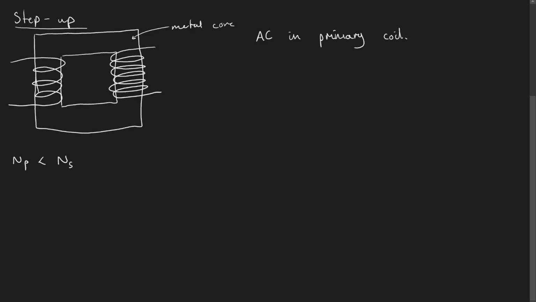If I have movement of electrons in this coil, it means that coil is producing its own magnetic field, because we know that we can have a force producing a magnetic field. So if we've got the electromotive force, which is what's causing these electrons to move, that's going to cause a magnetic field. So this primary coil then acts as a bar magnet, where we have these magnetic field lines that are going to trace outwards.